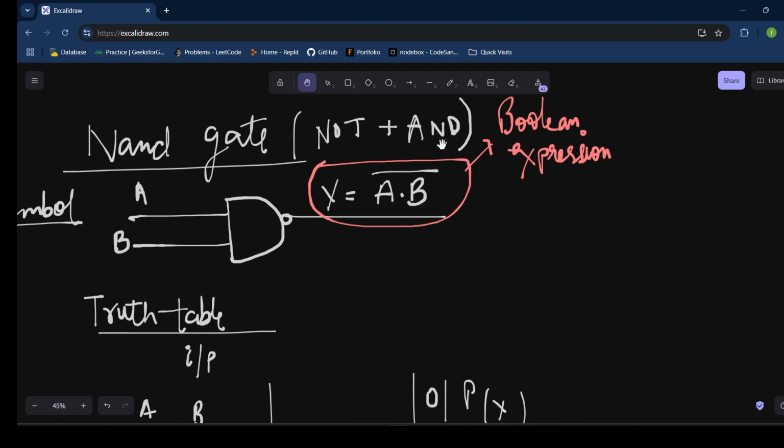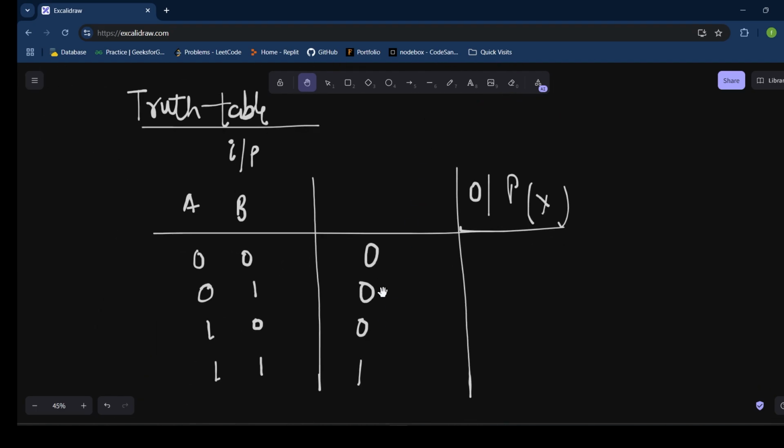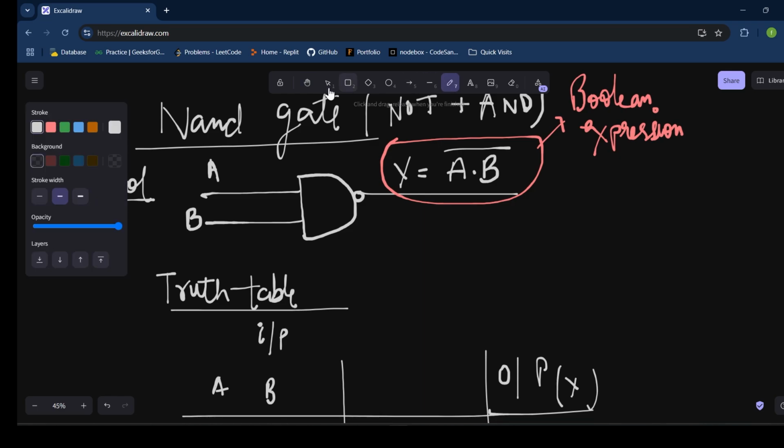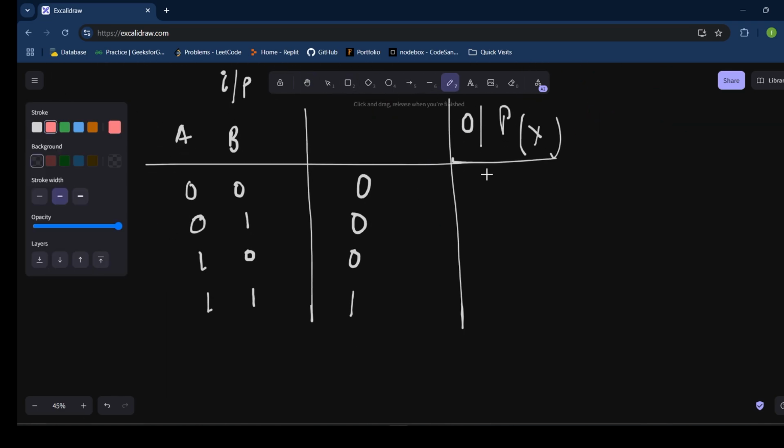So first write the output expression of AND gate, that is 0 0 0 1, and then simply invert that. So 0 would be 1, again 0 would be 1, again 0 would be 1, and invert of 1 would be 0.